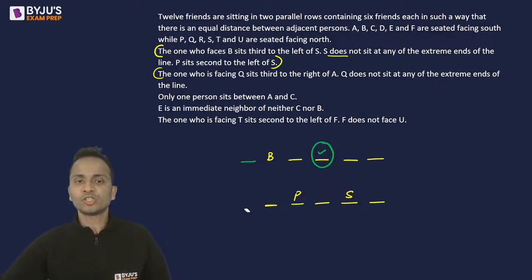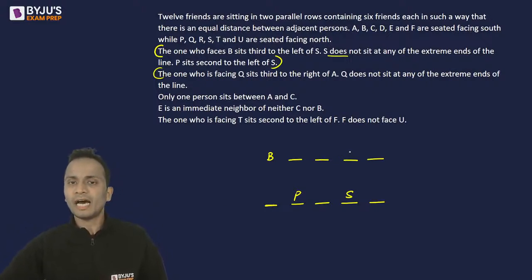So I can say that A cannot sit at this chair. Done. Now I will make A sit on this chair. If A sits here, then Q will sit opposite to B. If I make A sit at this place, then Q will be on the place of P, so A cannot sit at this place.